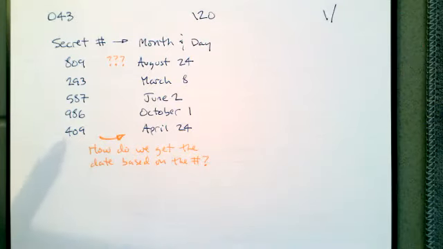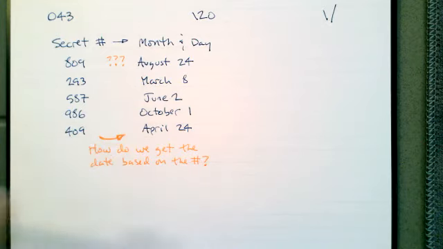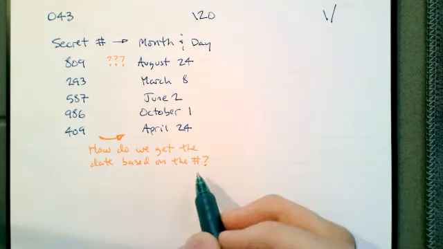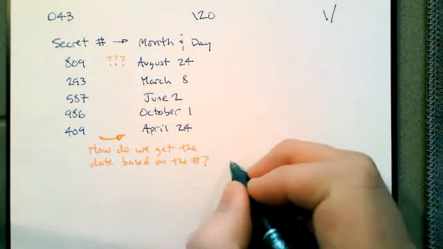Then the next thing is, why does this work? Why does this secret step take us from the secret number to the month and the day? So after you have how you get the date based on this, the question is, why does it work?